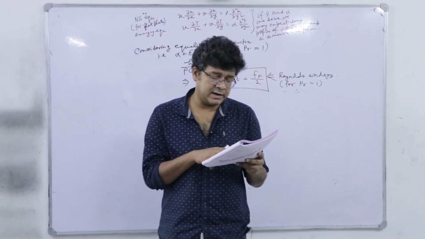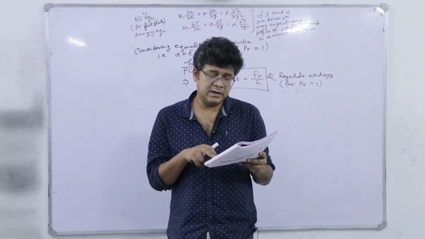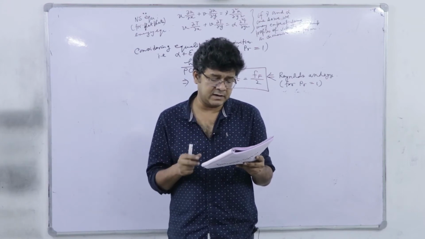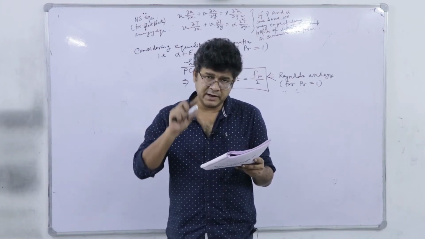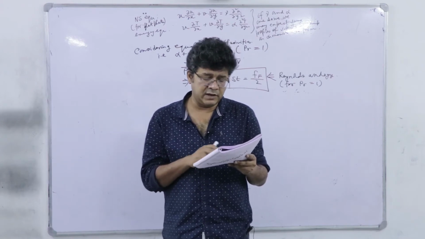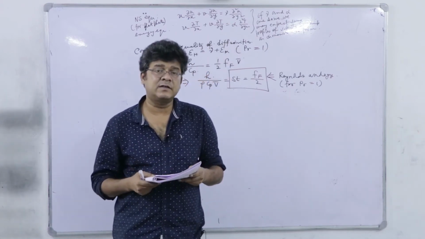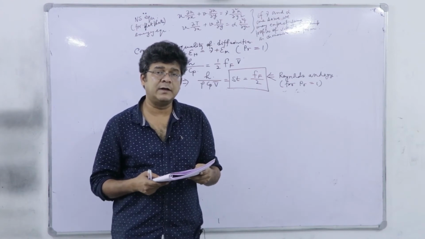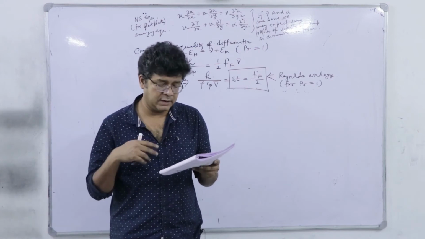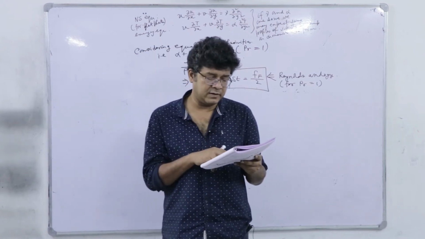But Prandtl correctly pointed out that heat transfer in the turbulent core has a different mechanism from that of the laminar sublayer, and he separately considered the 3 layers, using the universal velocity profile that we have studied, which is u plus equal to y plus, then u plus equal to 2.5 ln y plus plus 5, and so on. That is the universal velocity profile.